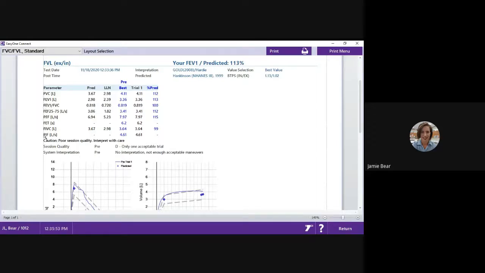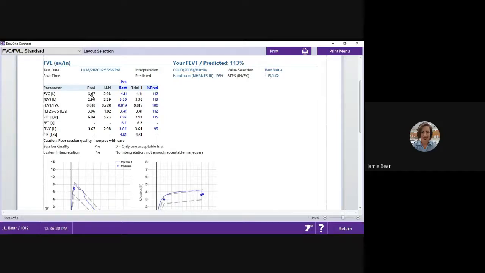The rest of them have a little bit of clinical effectiveness, but these first three numbers will tell us if your patient is normal, showing an obstructive pattern, or a restrictive pattern.